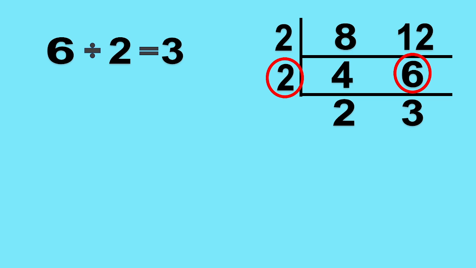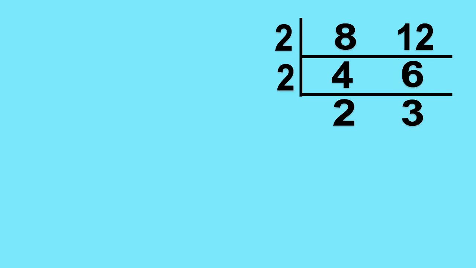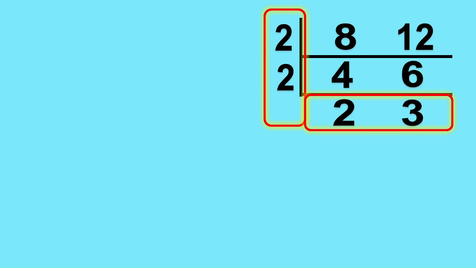Now, multiply the divisors, the numbers written vertically on the left, and the remaining numbers written horizontally in the last row.